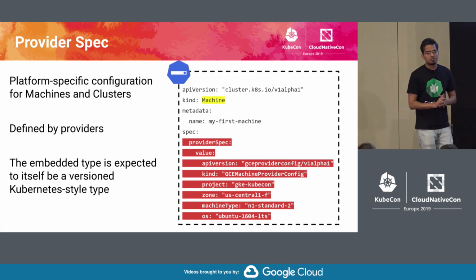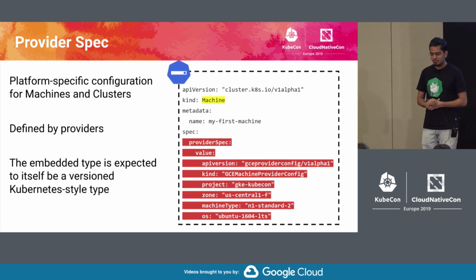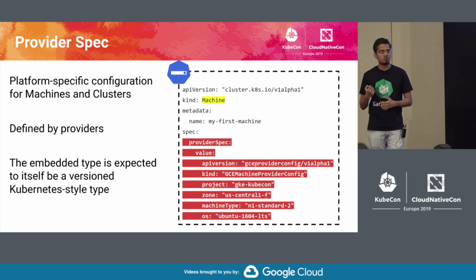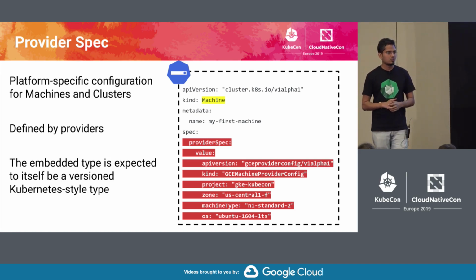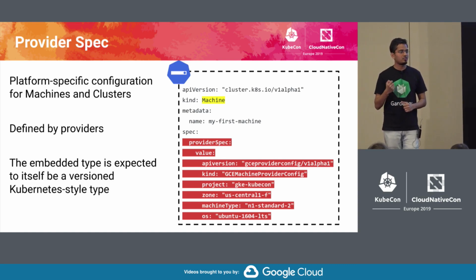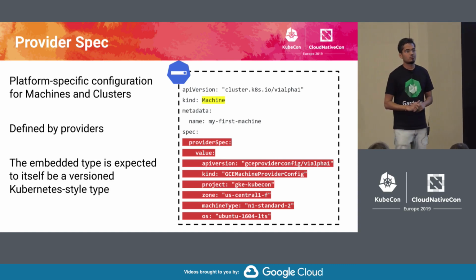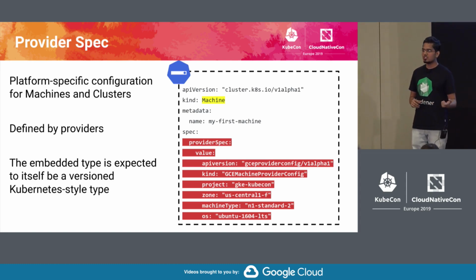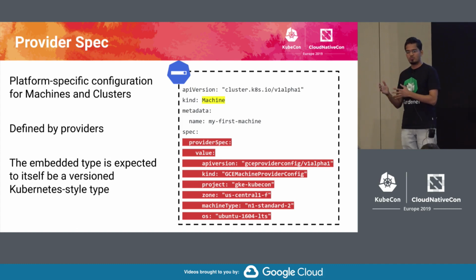Then we go to this provider spec. As we mentioned, the most essential part of this controller is to talk to the cloud provider. And as we know, we have so many cloud providers, and there are ways where they differ from each other. A simple example: if I want to create a machine on AWS, then the kind of information, the kind of keywords I have to use is slightly different than when I want to do the same thing on GCP or Azure or VMware or somewhere.